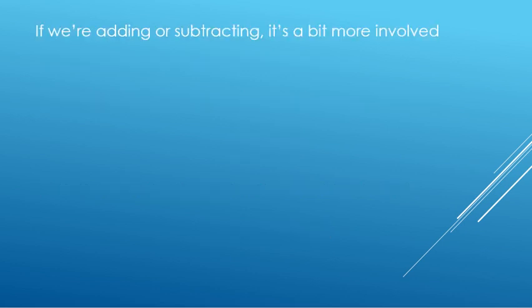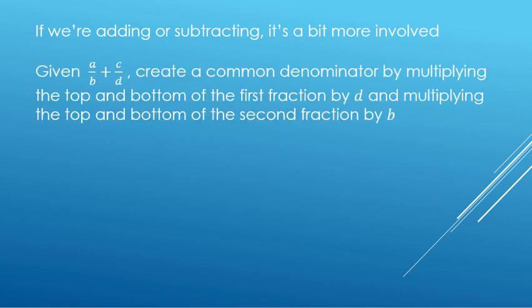If we're adding or subtracting two rational quantities and the denominators are not the same, then it is a bit more complicated. There's a little bit of work that we have to do before we can add or subtract those things. So suppose we have two fractions, a over b plus c over d.